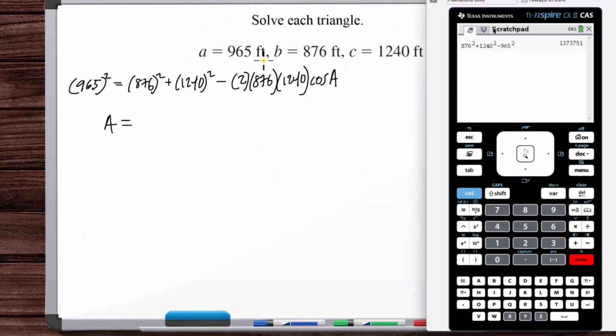Now we're dividing both sides by this, so divided by 2 times 876 times 1240. And that's cosine of A. So an acute angle is going to come out of this. So inverse cosine of this is 50.8 degrees.